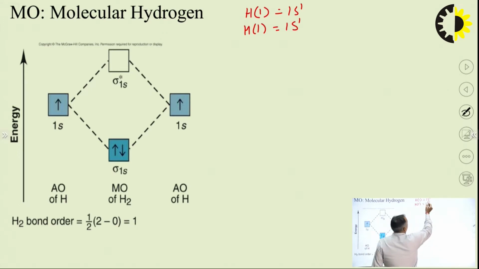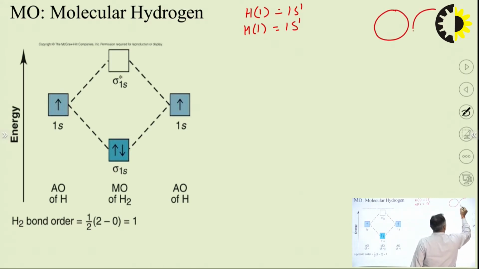So when these 2 atoms overlap, one bonding molecular orbital, BMO, will form and another anti-bonding molecular orbital, ABMO, will form. When the s orbital and s orbital overlap, what kind of bond will form? Sigma bond will form.